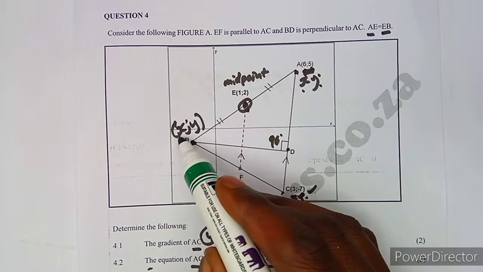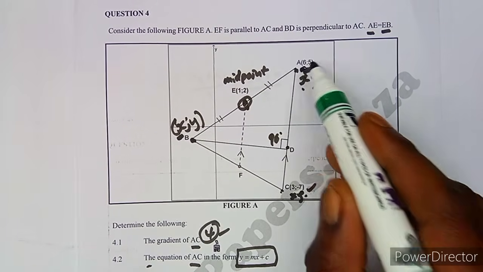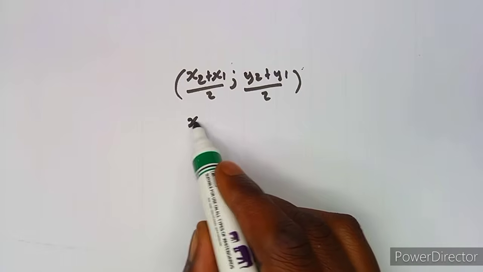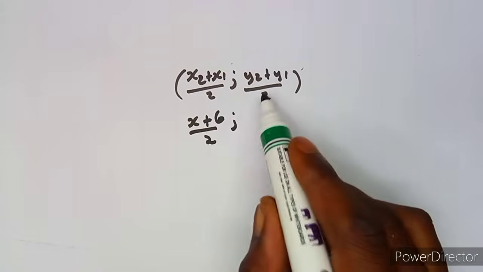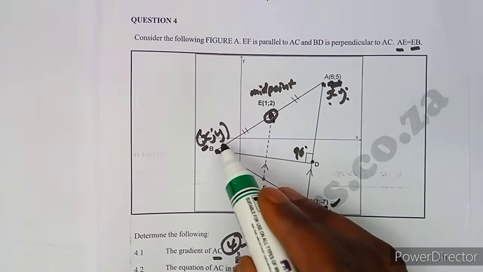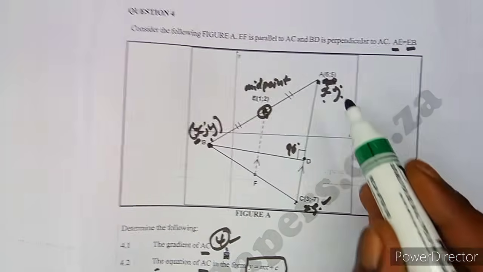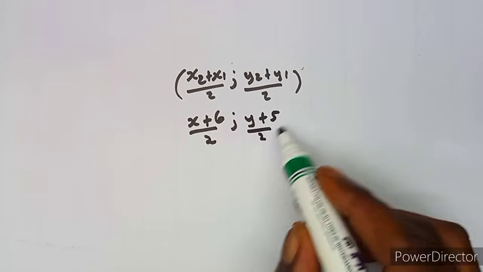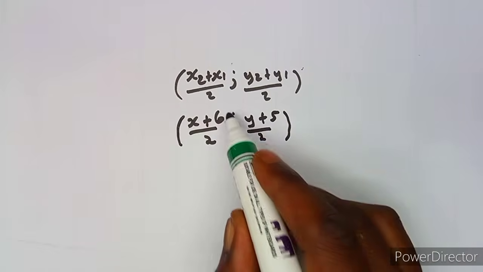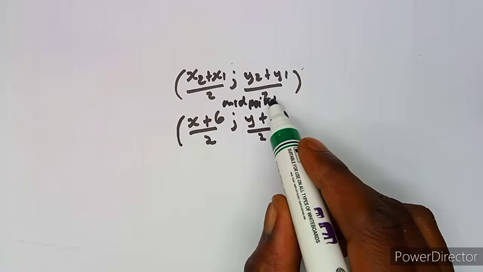So it means when you add this x to the corresponding value of x here, which is 6, you're going to formulate an equation, x plus 6 over 2, like this. You move on to this part of y. So it's going to be y plus this y here, which is 5. So it's y plus 5, like this, over 2. So this point is the midpoint. This is your midpoint here in terms of x and y.